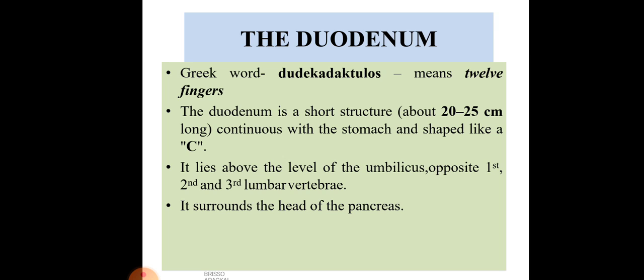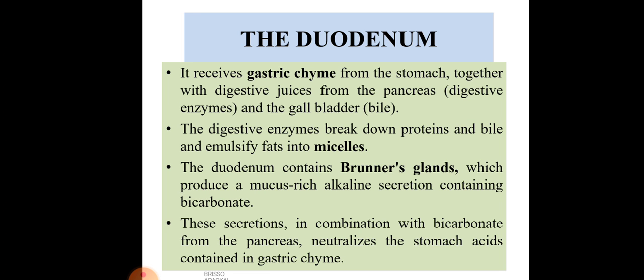Duodenum is a short structure about 20 to 25 centimeters long, and it is continuous with the stomach and shaped like a capital C. It lies above the level of the umbilicus, opposite to the first, second and third lumbar vertebrae. It surrounds the head of pancreas. Duodenum receives gastric chyme from the stomach together with the digestive juices from the pancreas and the gallbladder.